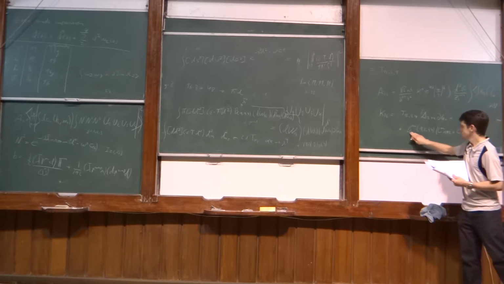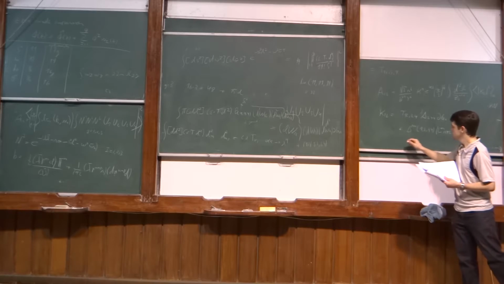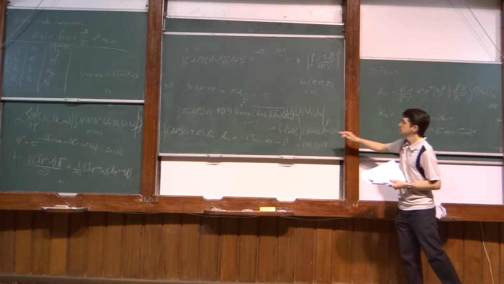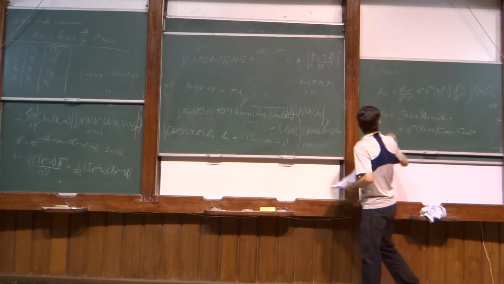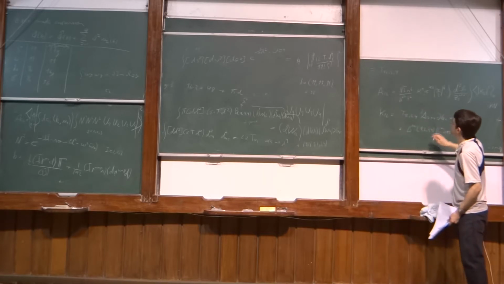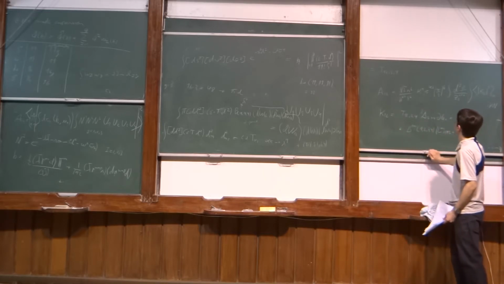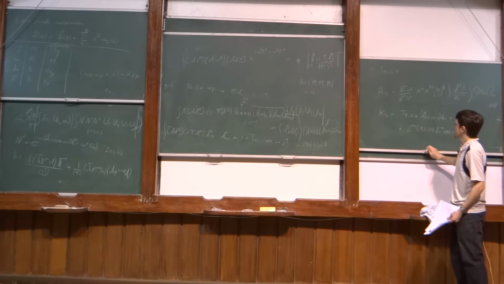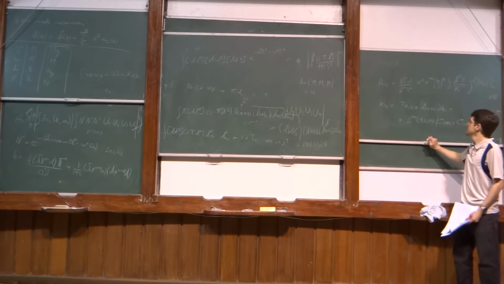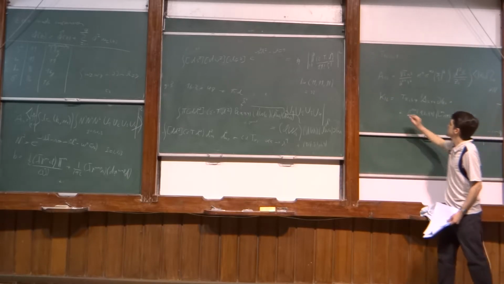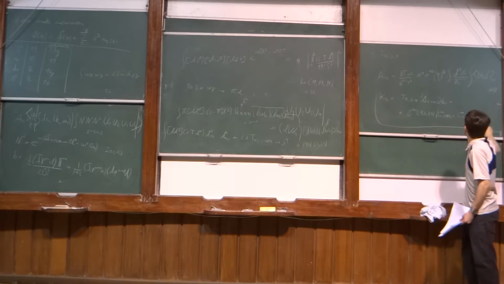And I didn't explain what this guy is, but it's basically the old delta multiplied by the loop momentum. So that's why you get a factor index there. So that's K12.